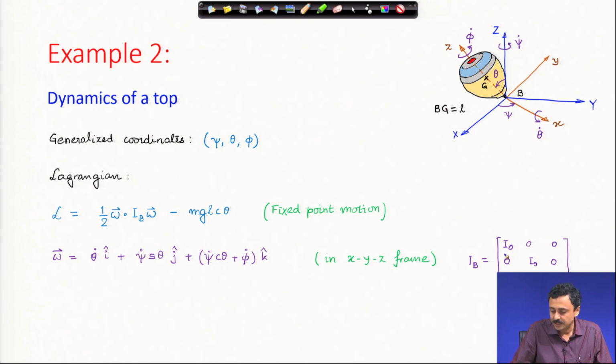I have considered I naught as the moment of inertia about x and y axis passing through B, and I is the moment of inertia about the axis of symmetry. So, this is a symmetric body, therefore, we expect that the moment of inertia about x and y, which are orthogonal to the axis of symmetry, must be the same.